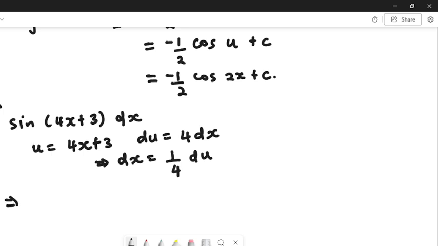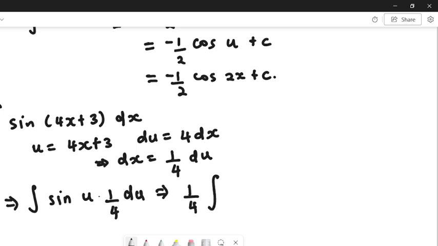So that gives me the integral of sin u times 1 over 4 du. A quarter is a constant, so we put it out. We are getting sin u du.